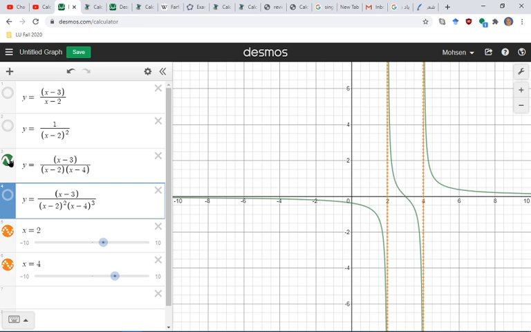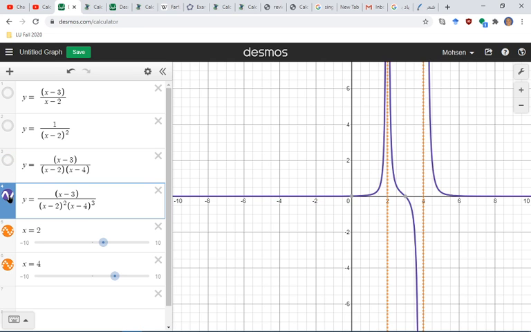And here's a bit more complicated one, where the denominator factors have different exponents. At x equal to 2, we go to plus infinity on both sides, and at x equal to 4, due to the fact that the exponent is odd, we flip-flop: we are on minus infinity here, and jump to plus infinity over there.